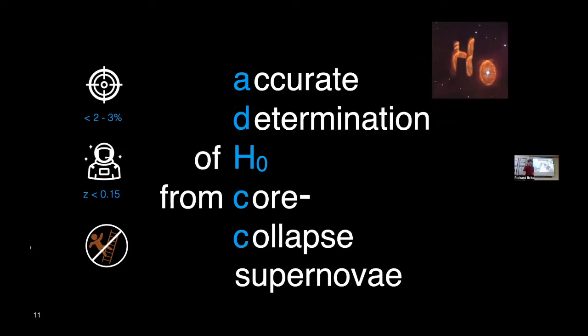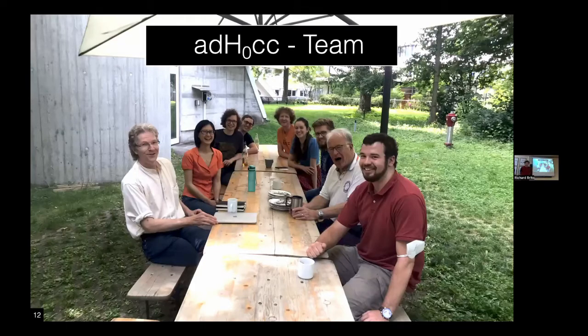And so this is the ADHOC team that's in the garden of MPA in Garching. Supernova type 2, yes. So the collaboration is mostly based around Garching. Some people are missing here. Jason Spyromilio is behind the camera, taking the picture.